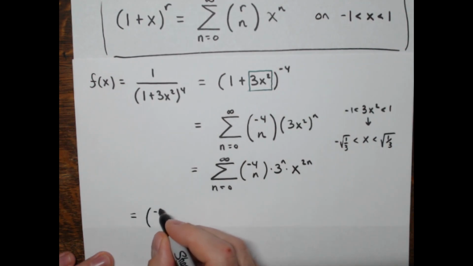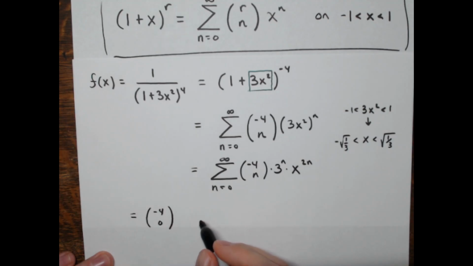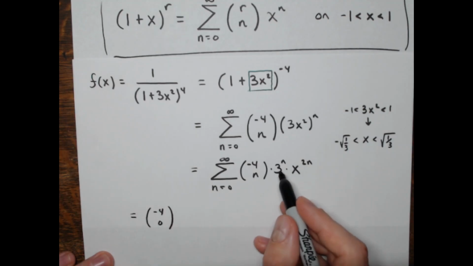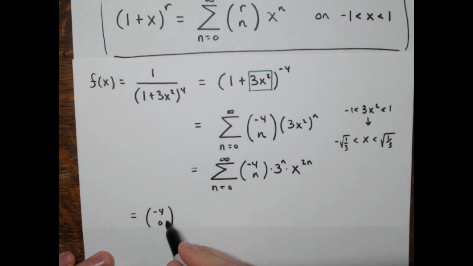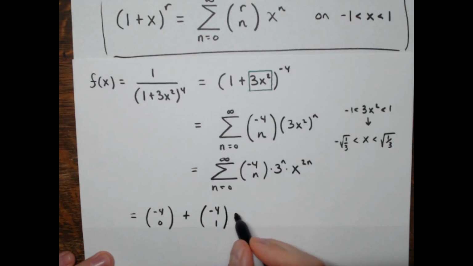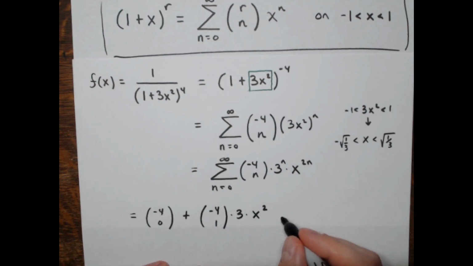So you'd have negative 4 choose 0, and then times 3 to the 0, x to the 0. So just negative 4 choose 0, so just 1 for the first term. Plus negative 4 choose 1 times 3 to the first times x squared, right? x to the 2. So there's your second term.